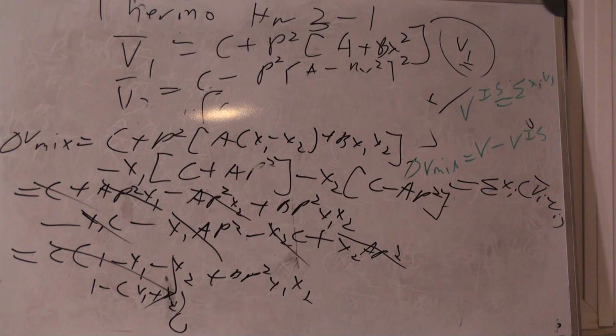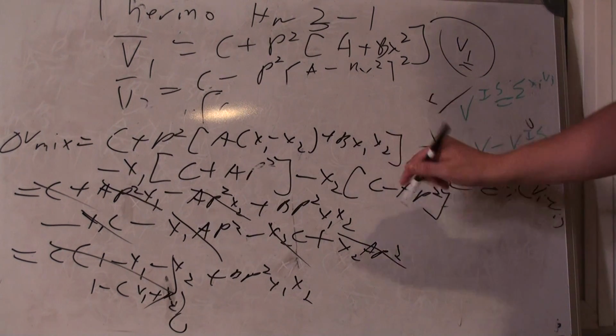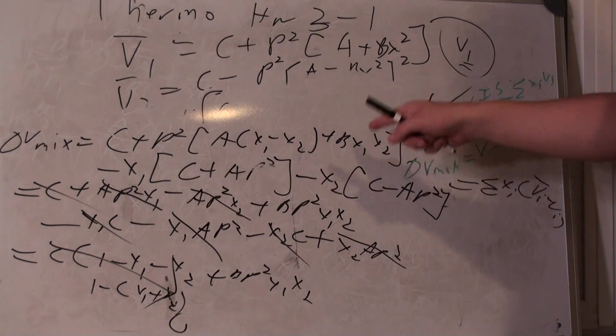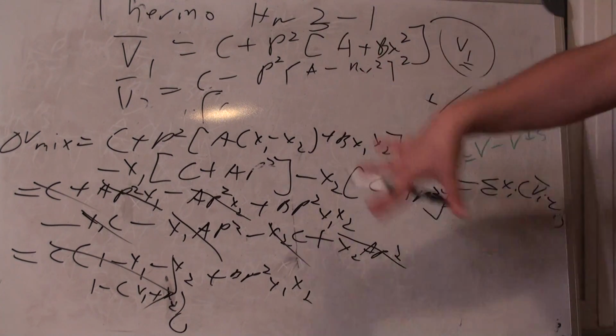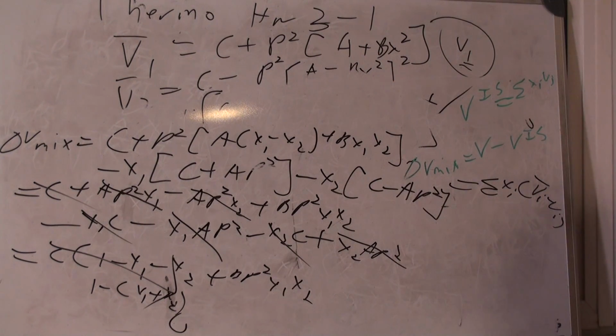My packing parameter, or whatever it might be, but this is my volume of mixing. This is what happens when I bring them together. And it looks like in this case, now this is a made-up case, by the way, that I'm adding volume as a mixture, so to speak.